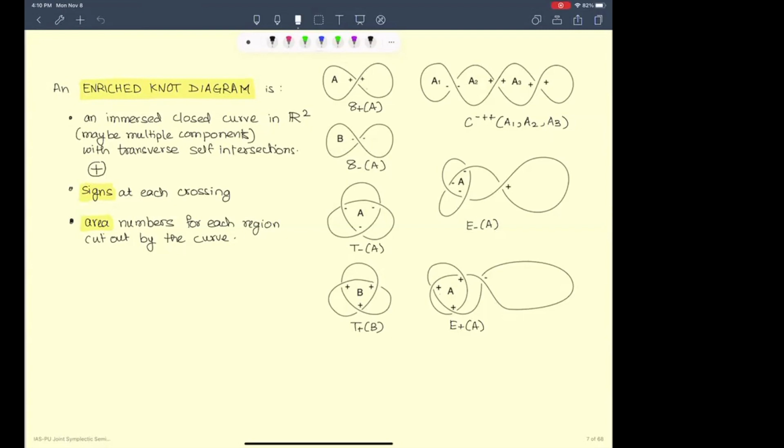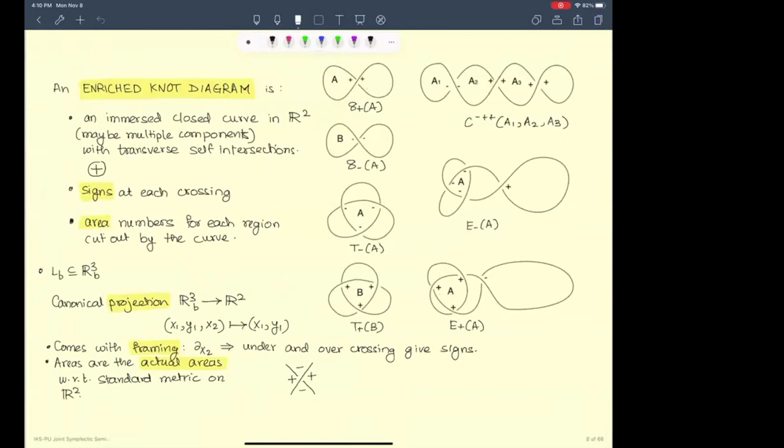You have a question? No, okay. Given any of the candidates we were talking about on the last page, any knot or link in R3, we have a projection to R2, which is the standard projection.